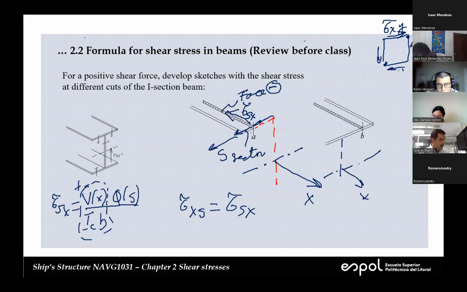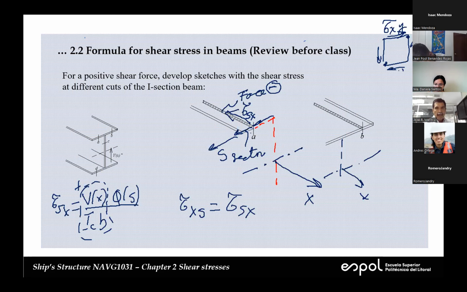Mr. Ortega, are you there? Can you hear me? Yes, doctor. Good morning. So tell me, right now you are integrating from here until the end. So this is the X direction. So in here, that's going to be a tau Sx.